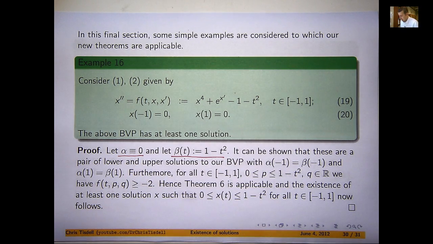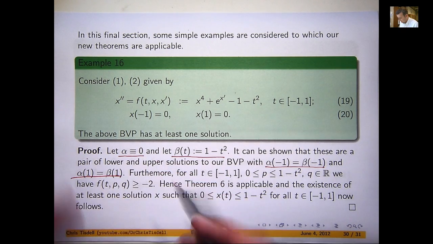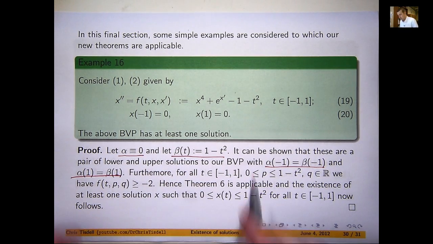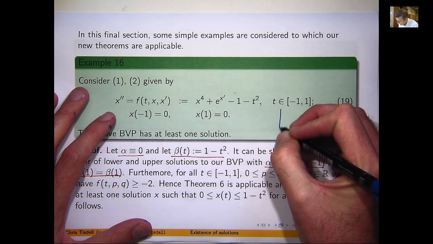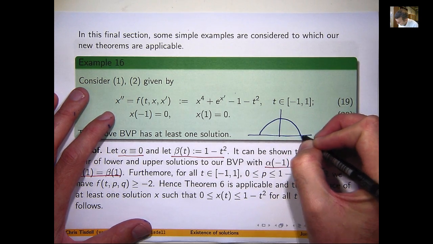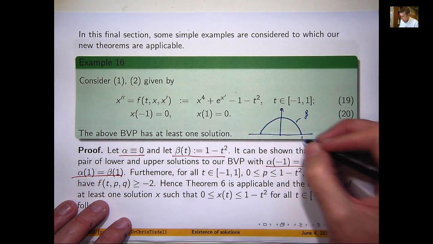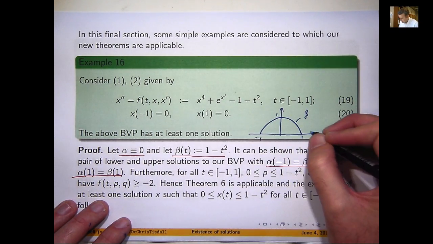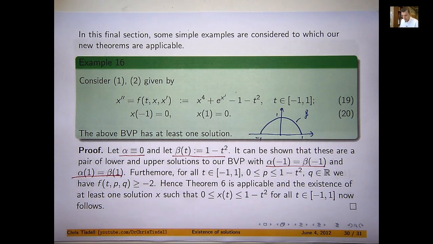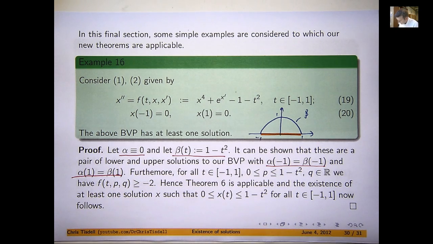In this example, I've chosen alpha to be just the zero function and beta to be 1 minus t squared. So here's your beta, and say here's 1 and minus 1, and let's say your alpha is just the 0 function.